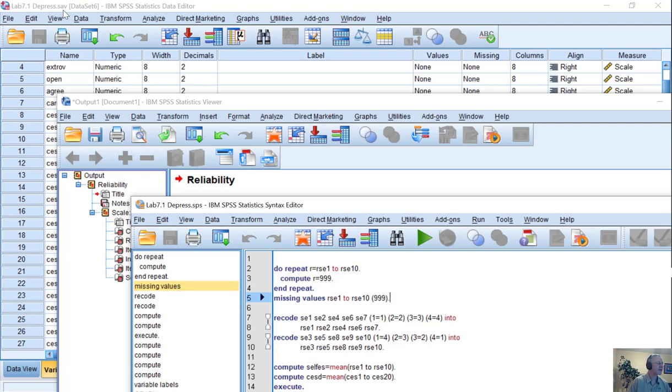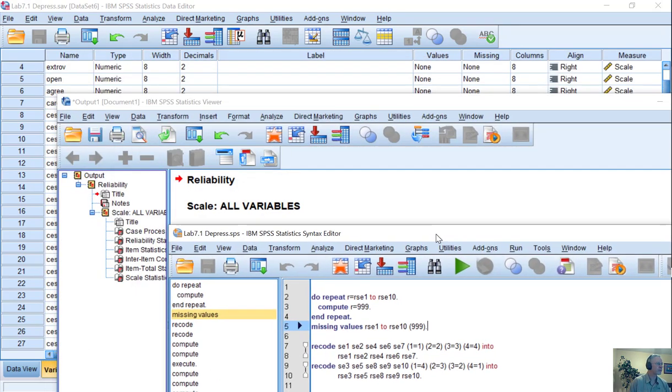A .sav is a data file. And I think an output file is going to be like an OUT. I don't usually save those. We'd have to save it to actually see what the name is.